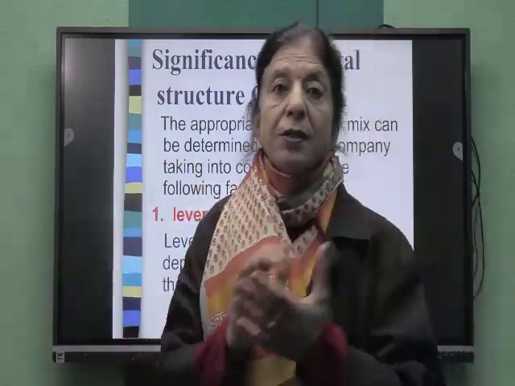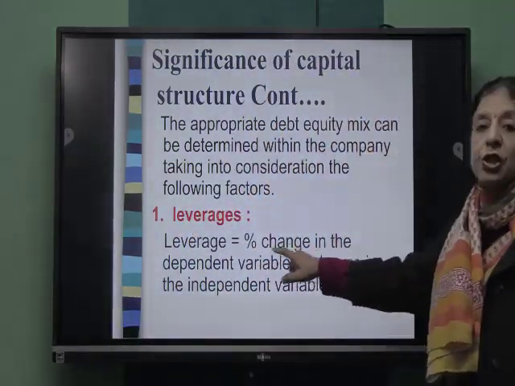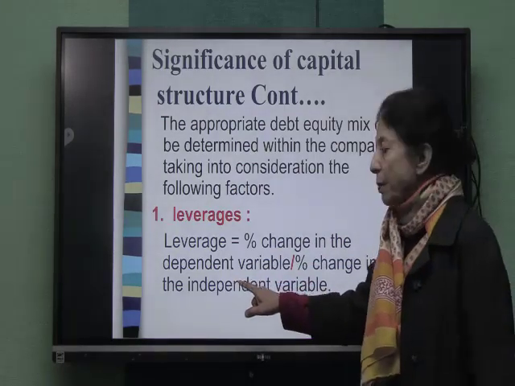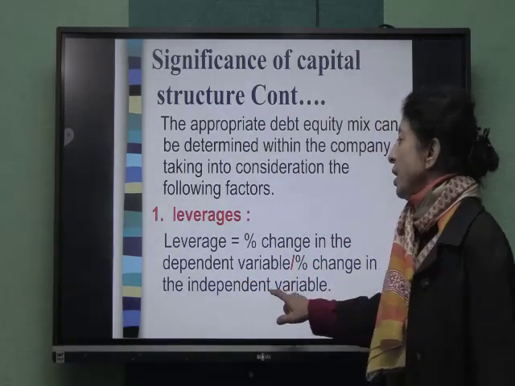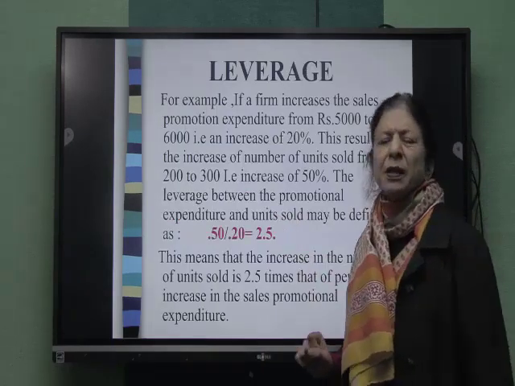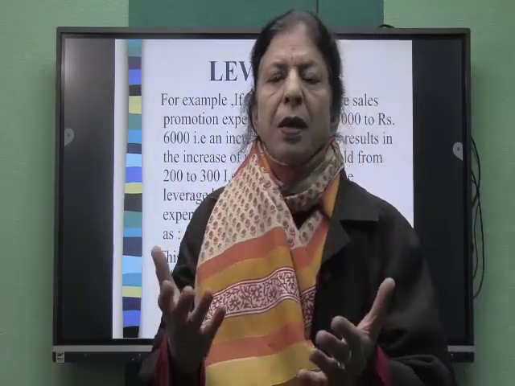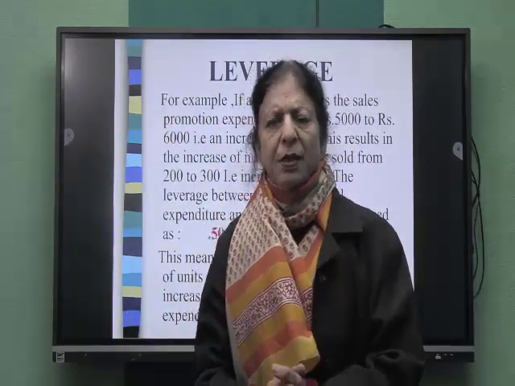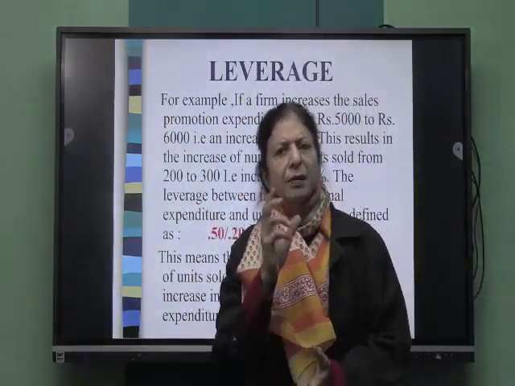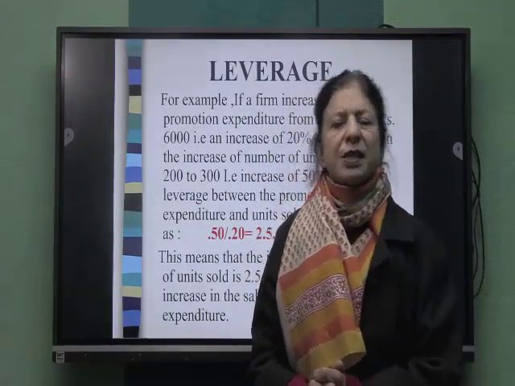Now, what is leverage? Leverage is nothing but the percentage change in the dependent variable upon the percentage change in the independent variable. Now, what do you understand by the percentage change in the dependent and independent variable? Suppose I incur expenditure on advertisement or promotional expenses. I want to take the decision whether I should incur the promotional expenditure or not.